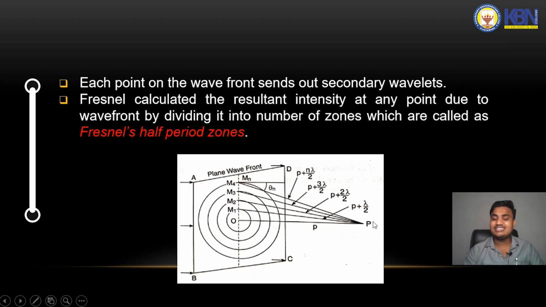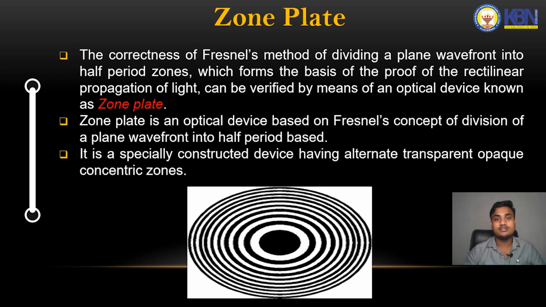Because it is difficult to find out the intensity at the point P, he divided the wavefront into a number of zones, which are called Fresnel's half period zones. This theory is needed in order to construct a zone plate.